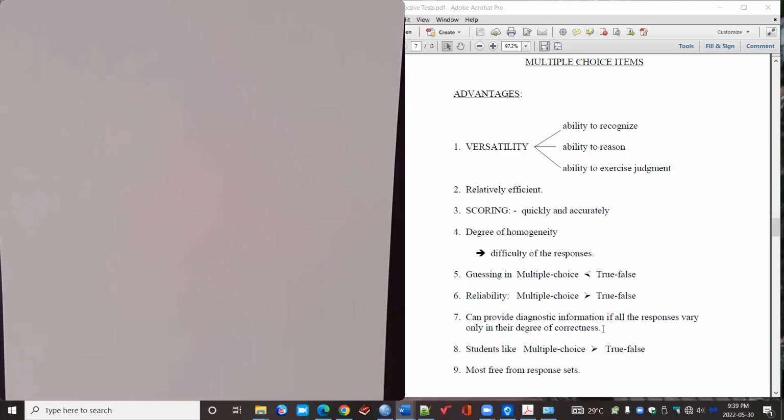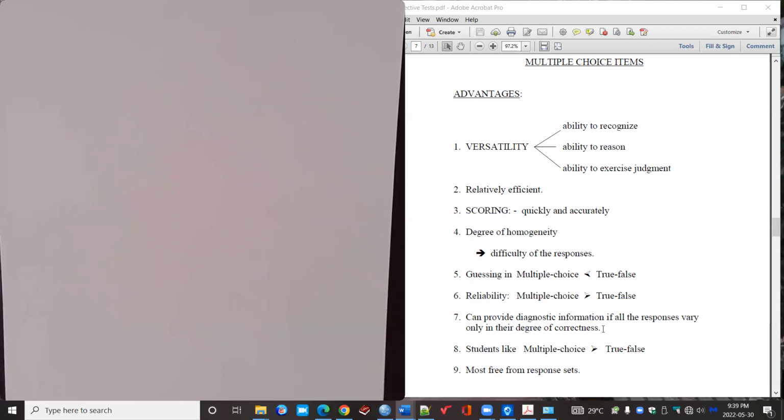It can provide diagnostic information if all the responses vary only in their degree of correctness. Some diagnostic tests are constructed in this manner.